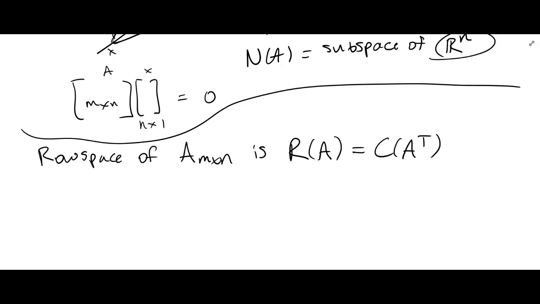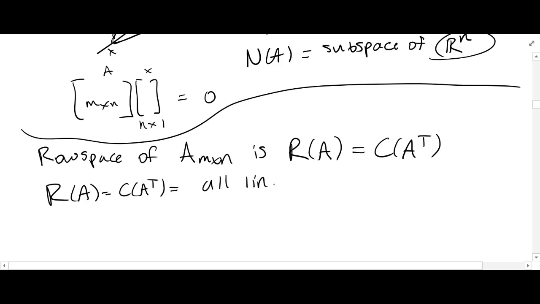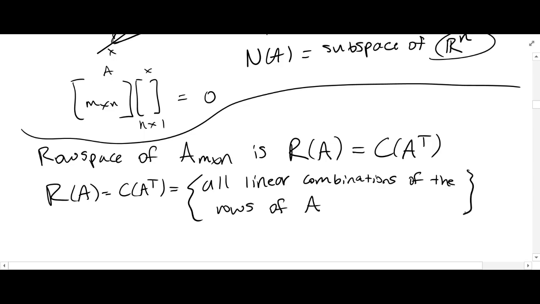In other words, it's the set of all linear combinations of the rows of A. So if you understand what column space is, then you know what row space is as well.